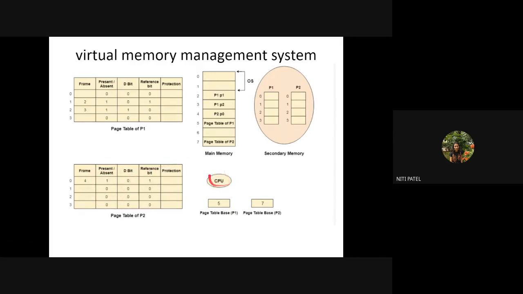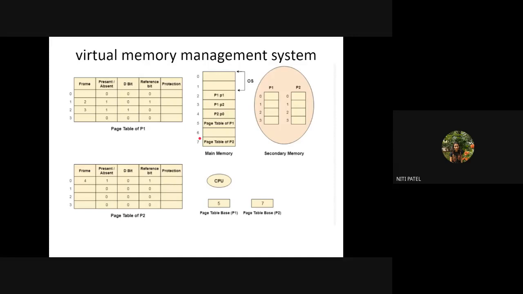What will the CPU have? What will the CPU do? The CPU wants to go to the main memory, correct? Can it go directly to the main memory? No. What did we see? The CPU generates a logical address, and the main memory understands a physical address. So the CPU cannot go directly into the main memory. The CPU will use these two page tables to find the frame number, and then it will go inside the main memory.